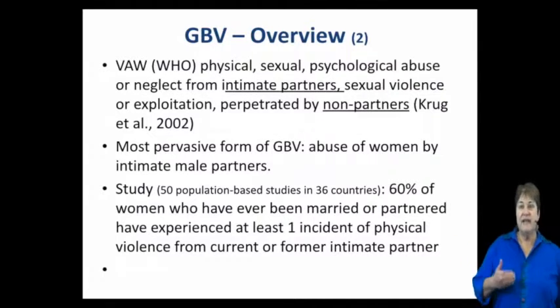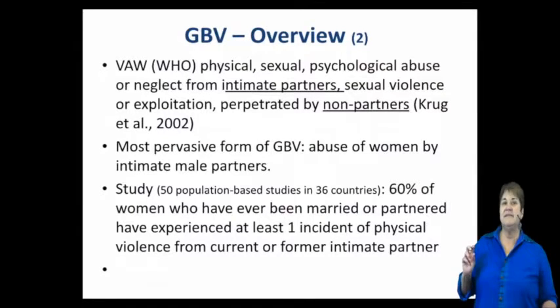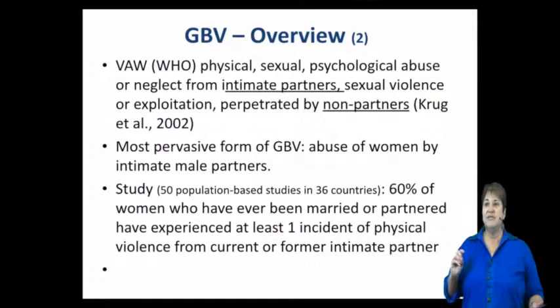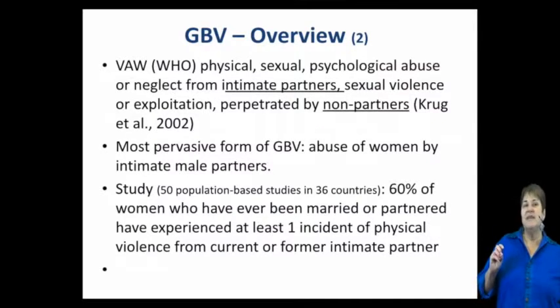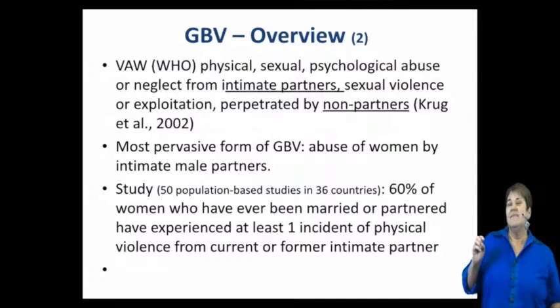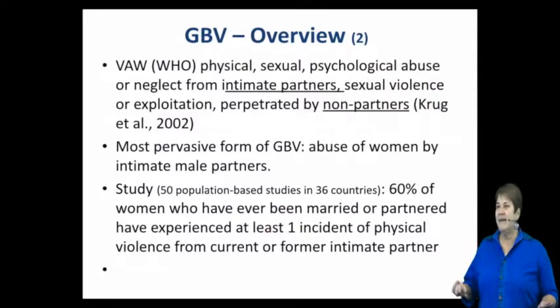So although sexual violence is also common, the broad category of intimate partner violence is in fact the most prominent form, which is really disturbing. Not that the other isn't disturbing, because it means that women often have to fear the people who are closest to them.